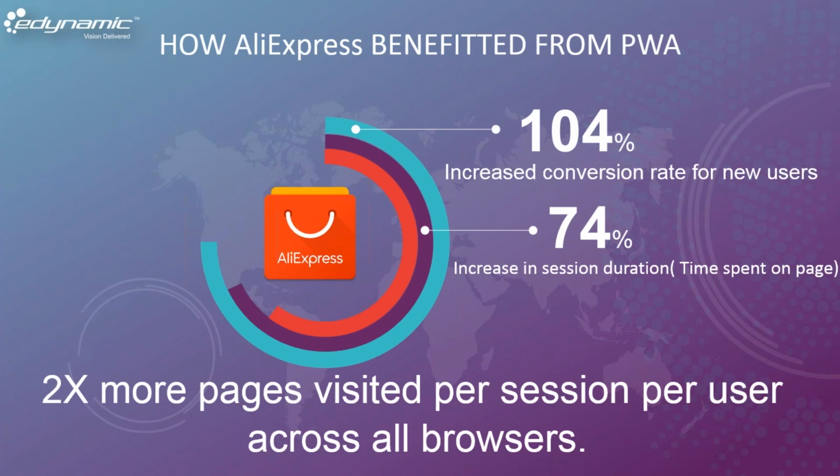One of the major reasons I could make out is the user experience that we were talking about. Since it provides a highly engaging UI, the customer experience is better. Then it gives you features like notifications and instant things. That would be the reason they got an increase in session duration.